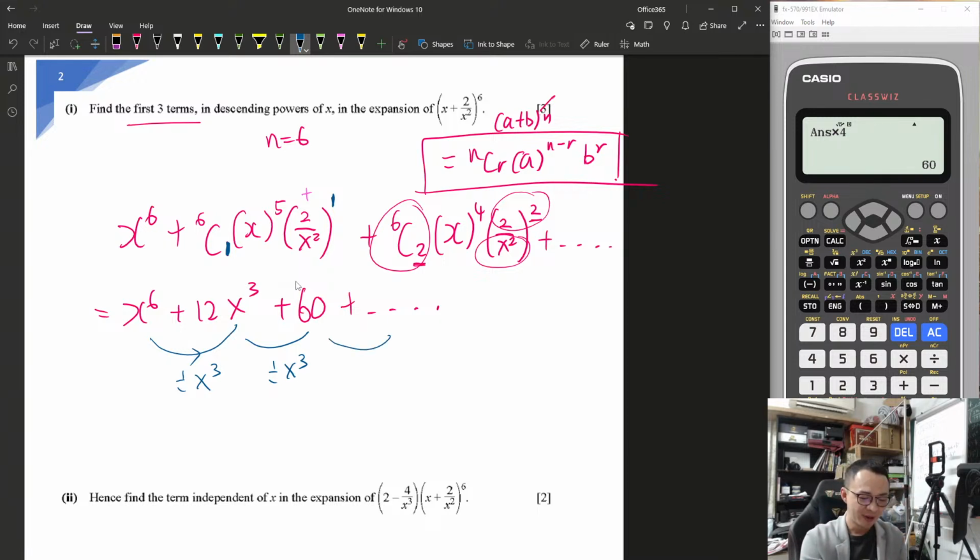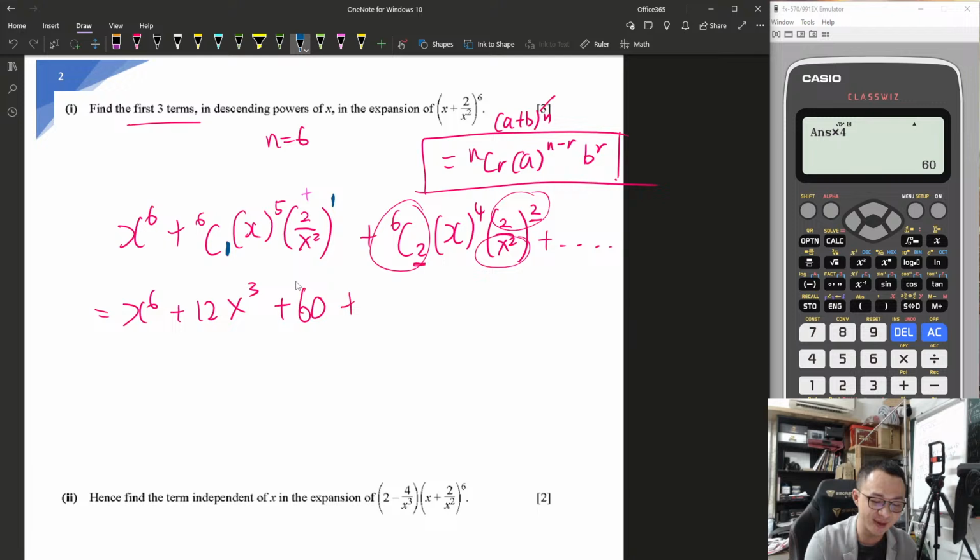So you ask me, what is the x power for the next one? If I divide by x power of 3, I can predict my next term should be x power of negative 3, or 1 over x power of 3. Yeah, if I want to expand the next term, I can easily do that. Or this one is just for fun, in the exam, no need to do that.